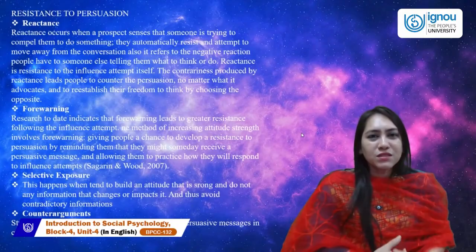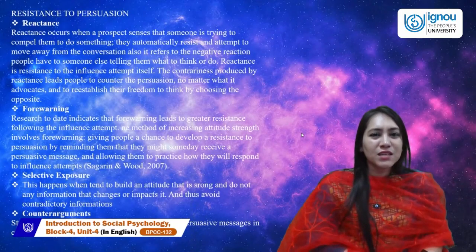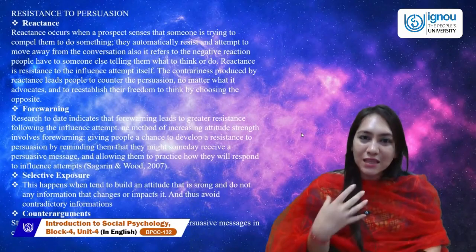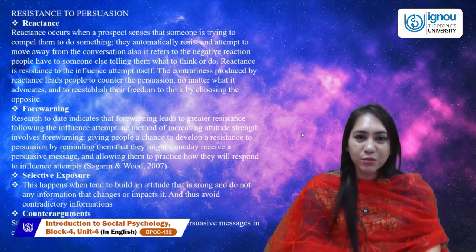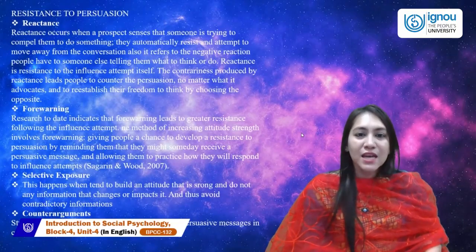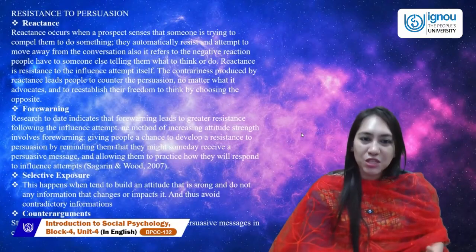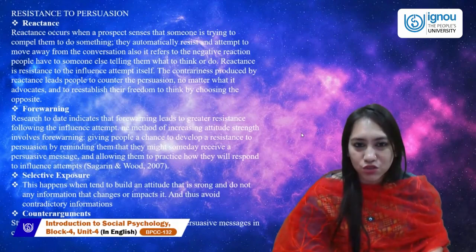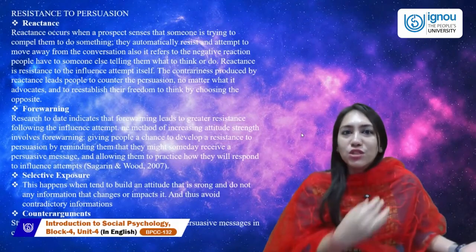So as soon as a person starts feeling, okay, they are trying to make an influence on me, they are trying to change this idea about me, and I probably don't want to. This attitude is very dear to me and I don't want to change it. And that's where the reactance starts coming into play. You start avoiding the conversation, you stop listening to that person, and you reduce the influence.